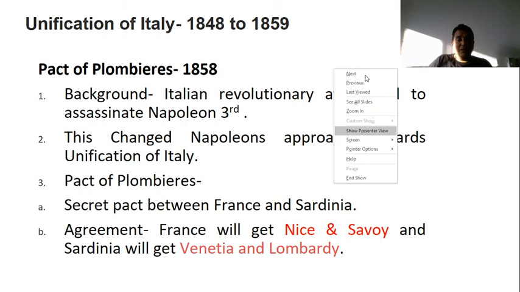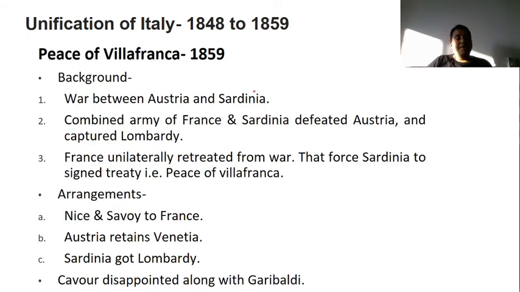Next, the Peace of Villafranca, and why this Peace of Villafranca? The background is provided by the war between Austria and Sardinia. In that war, France and Sardinia combined defeated Austria and captured Lombardy.